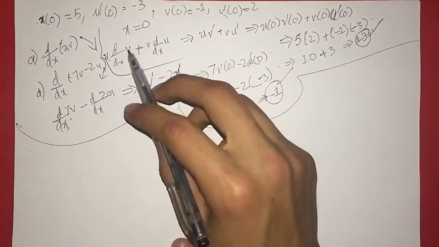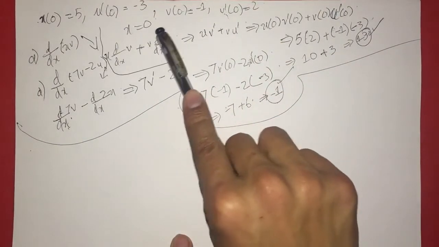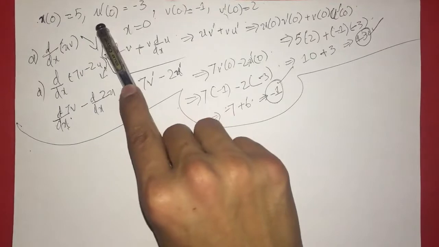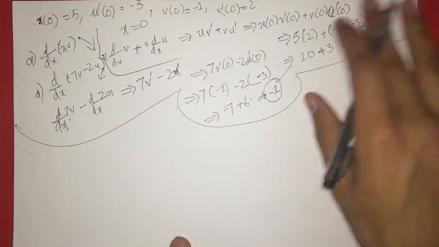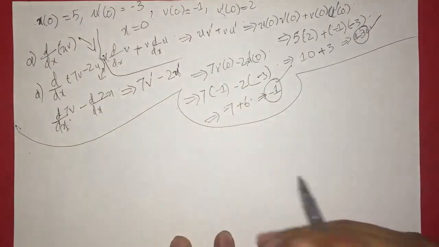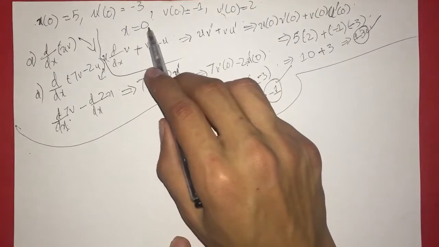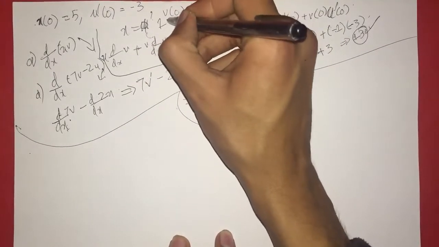The difference is that here x was 0, and all of these functions were evaluated at that point, and you had the values given. In the next question x will be equal to 1.